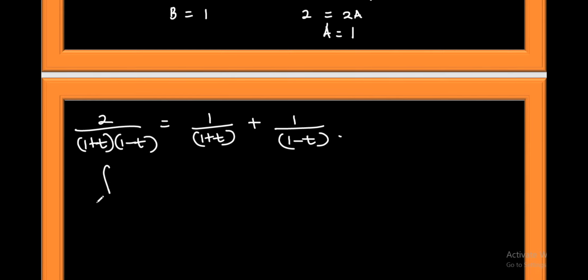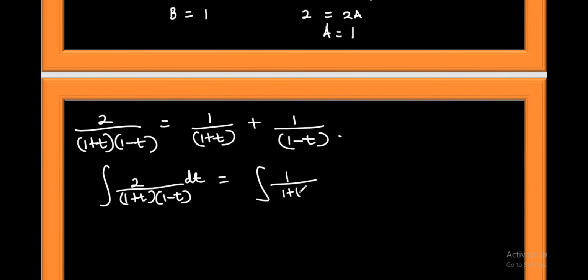That means now the integral of 2 divided by (1 plus t)(1 minus t) with respect to t is just going to be the integral of 1 out of 1 plus t with respect to t plus the integral of 1 out of 1 minus t with respect to t.